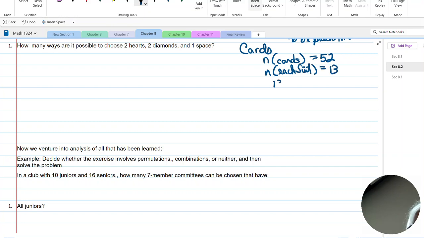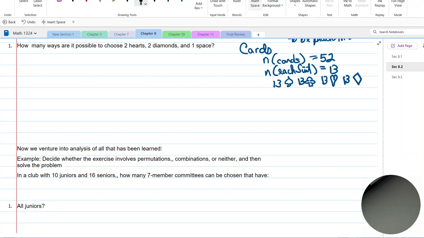In other words, 13 spades, 13 clubs, 13 hearts, and 13 diamonds. So we'll need that information for what we're starting with right now.